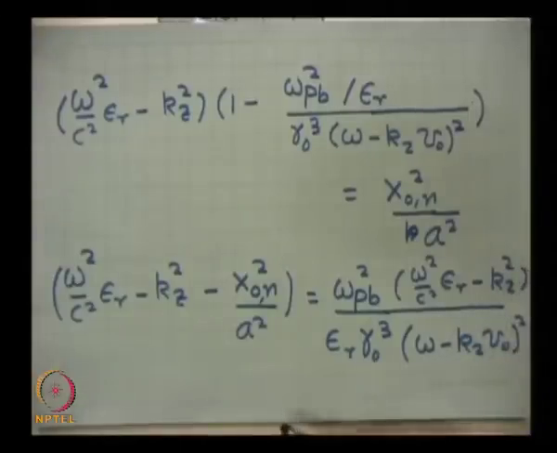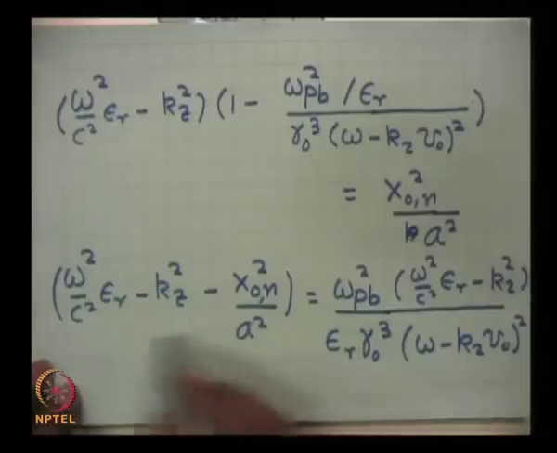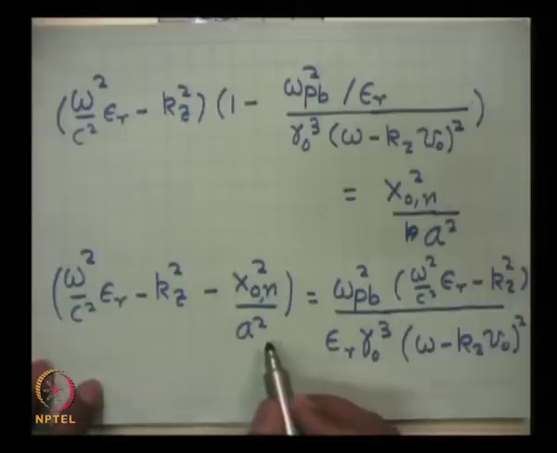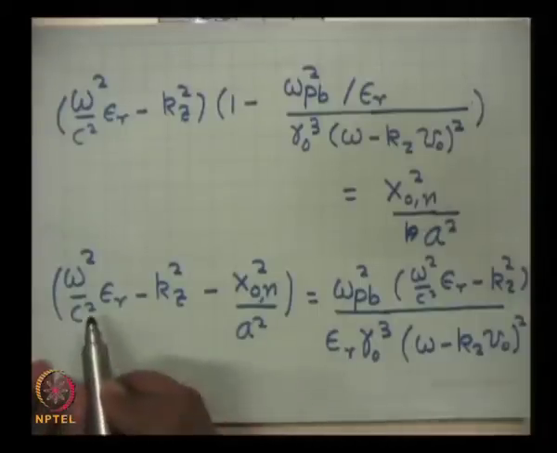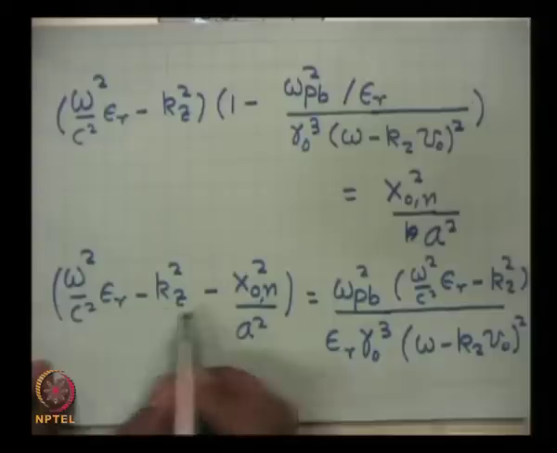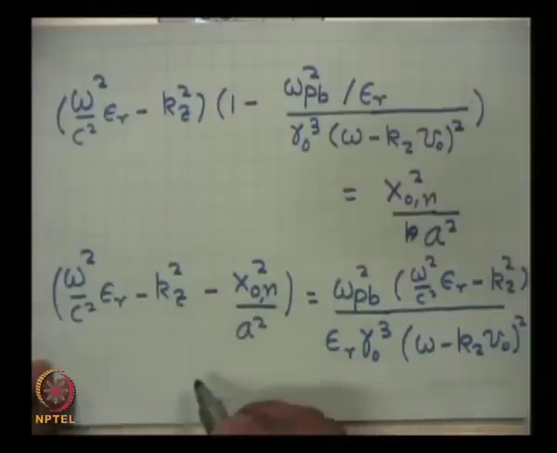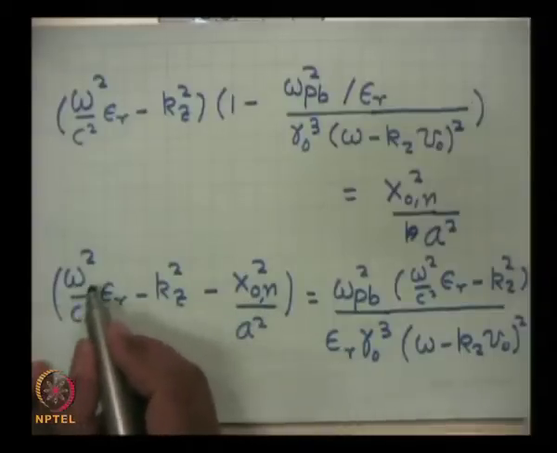This equation is very similar to the one that we encountered in two-stream instability of a plasma wave. You may note that these terms are constants, only omega square is in the first term.